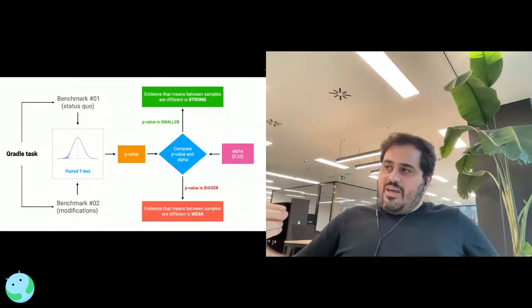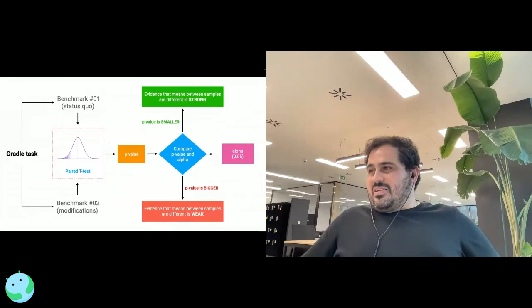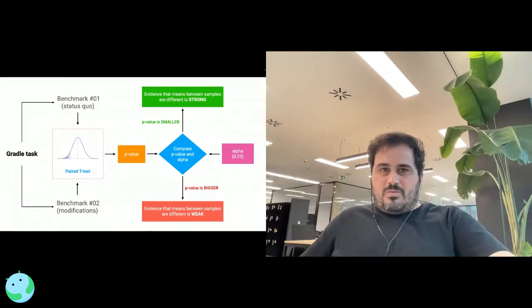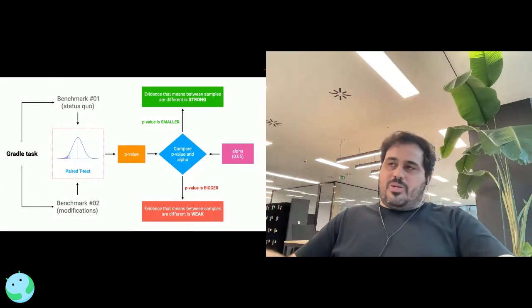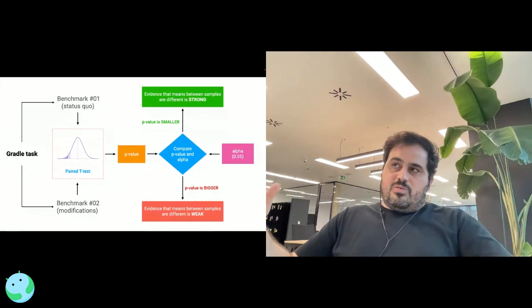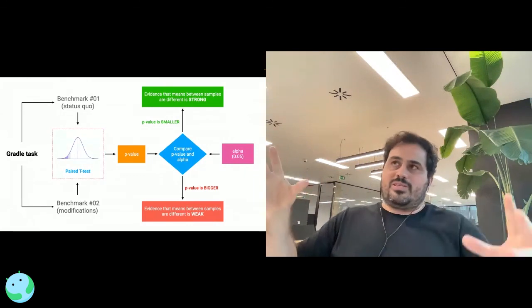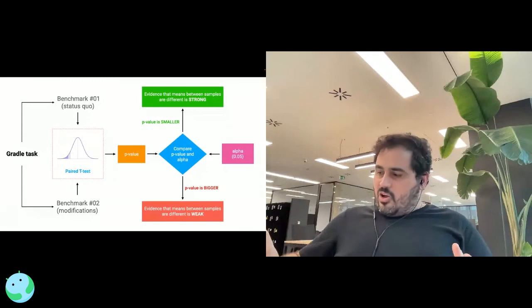Otherwise, I can't accept that we are actually improving, or even not improving, because the only thing that I know is that the means are not equal. Okay. So yeah, and we have variants for that particular test, for instance a left-tailed test or a right-tailed test, according to the scenario or the situation that I want to assess here.